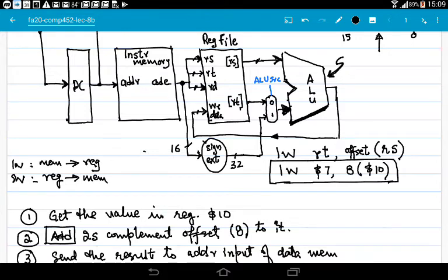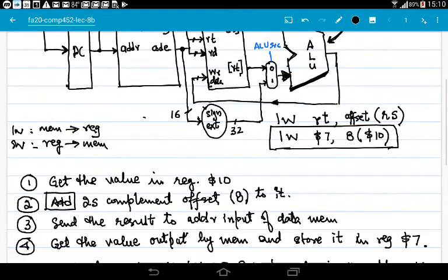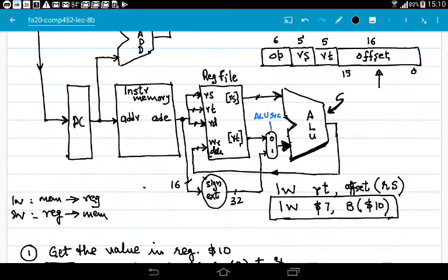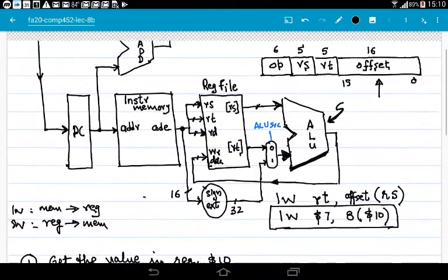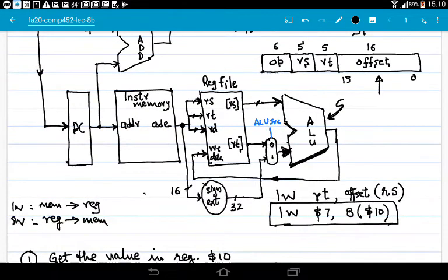Now look, what is the third step? The third step is that the result of the addition operation should be sent to the address input of data memory.